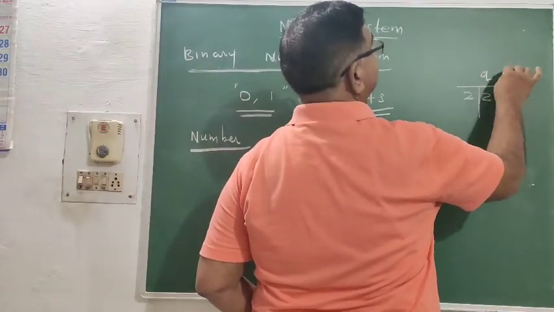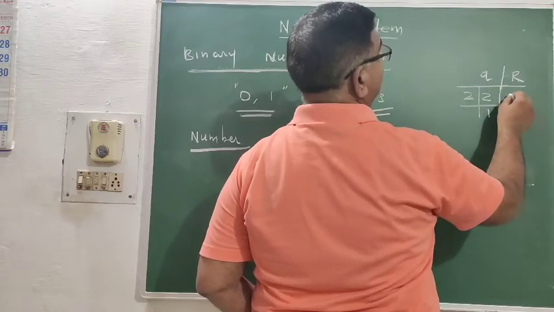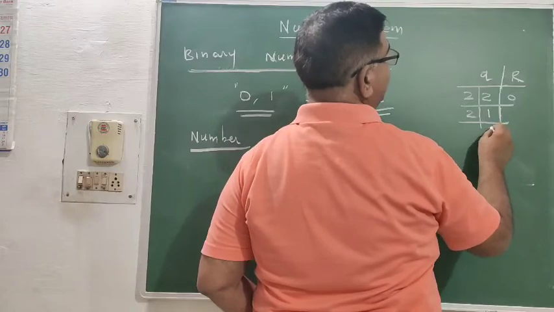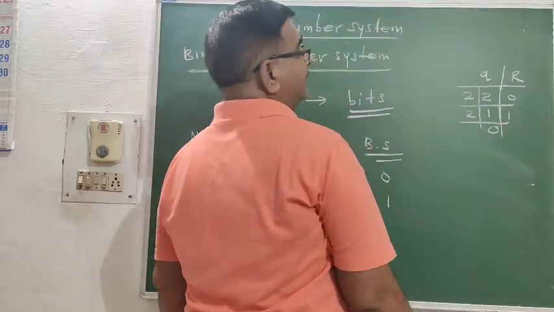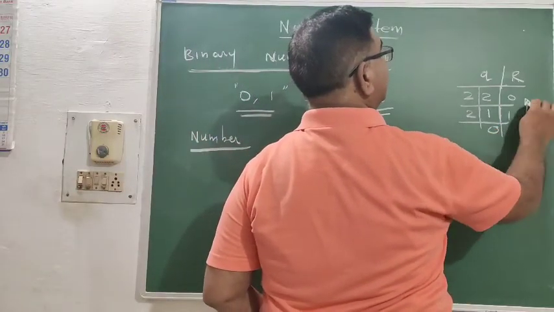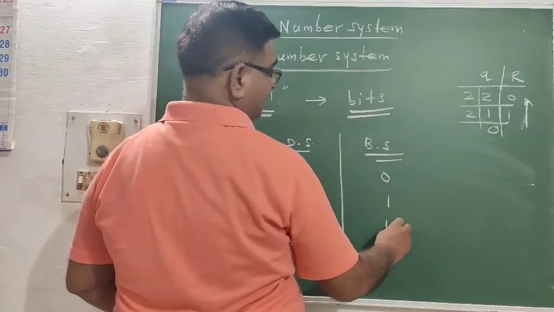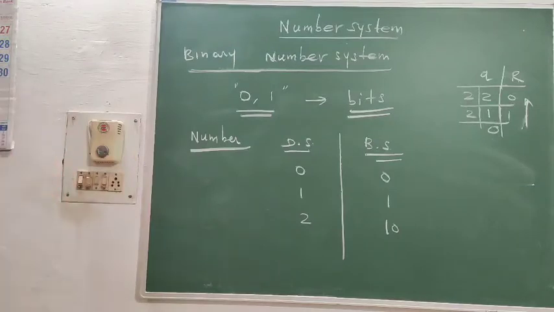On dividing, write the quotient here, remainder here. 2 ones are 2. What is the remainder? 0. Again divide by 2. Quotient is 0, remainder is 1. Then you write it this way. The number for 2 is 10. So 2 is written as 10.